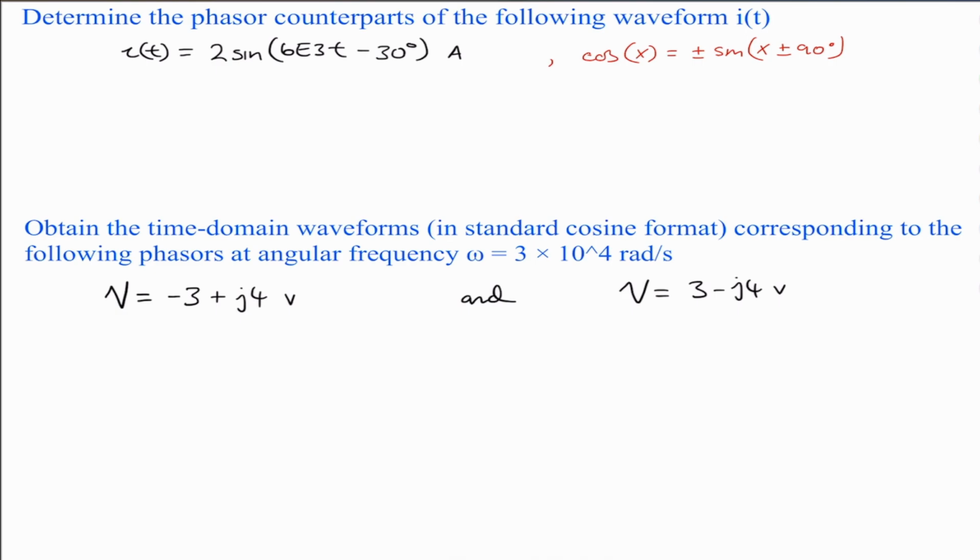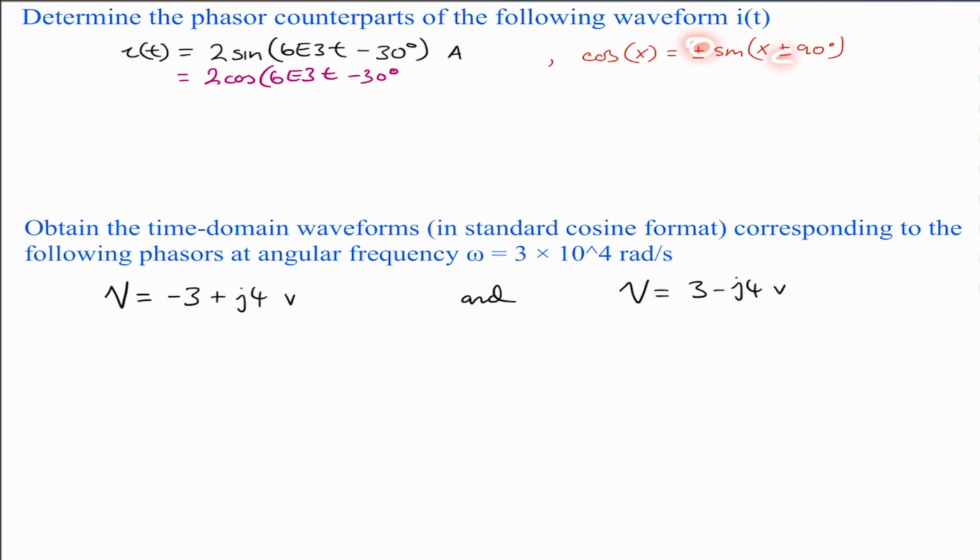So for this problem, when we apply our trig identity, we end up with 2 cosine 6 times 10 to the third times t minus 30 degrees. And because we have a positive sign, we minus a 90.